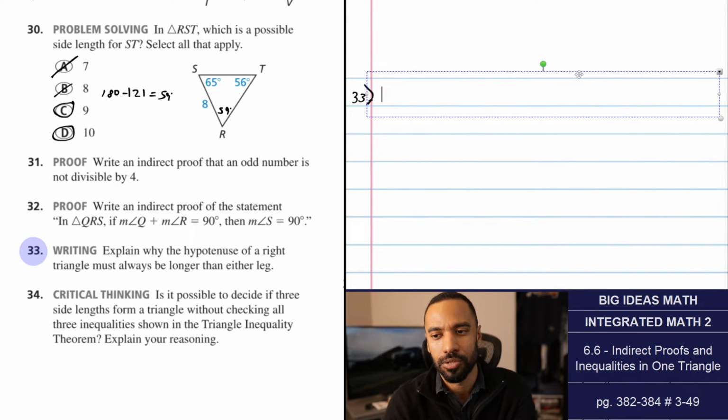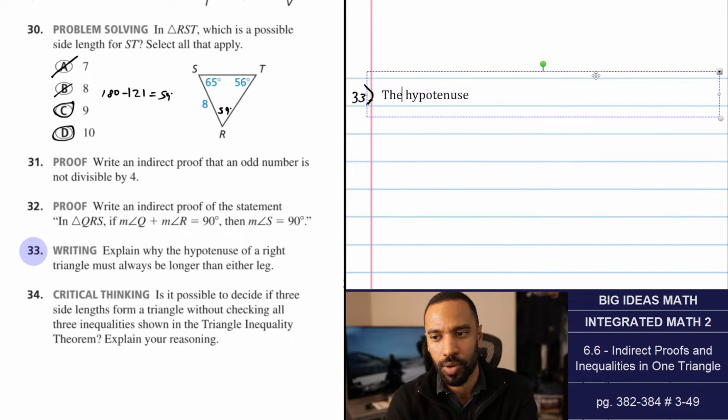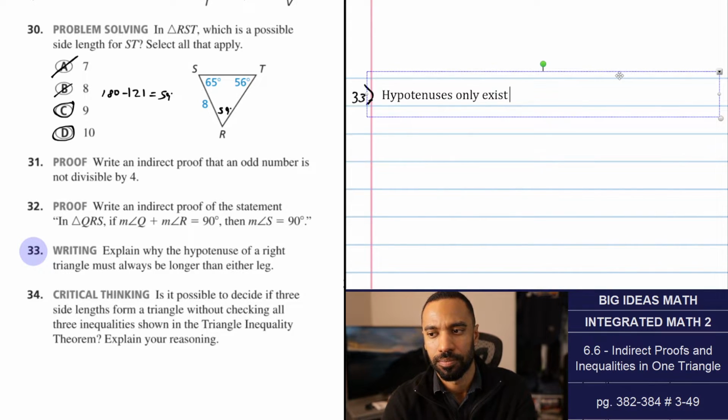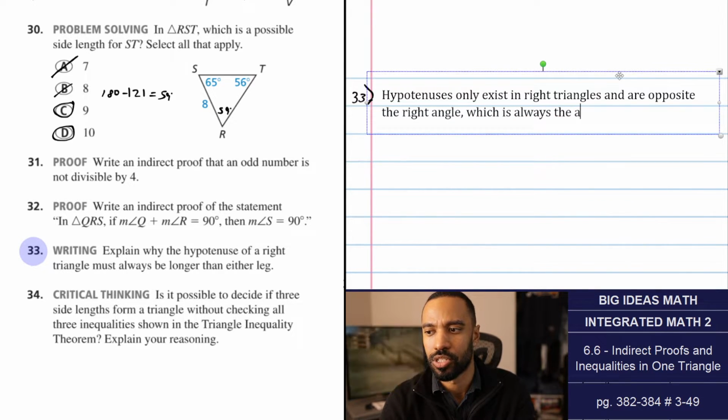So the hypotenuse. A hypotenuse only exists in a right triangle. Hypotenuses only exist in right triangles, and are opposite the right angle, which is always the largest angle in its own triangle.